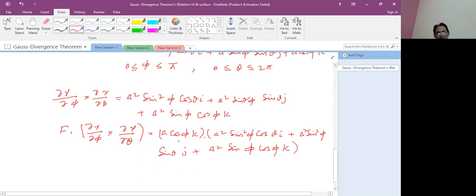When we find that dot product, it means when we multiply each term, the remaining terms should be 0. So the answer is a cube sine phi cos square phi.